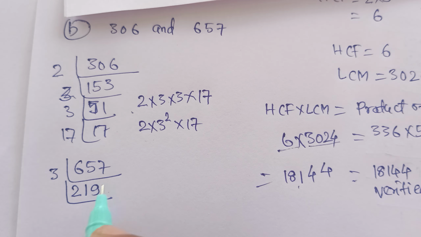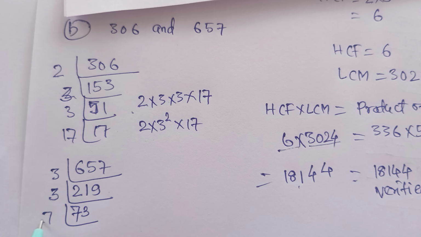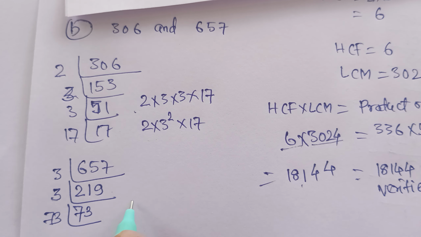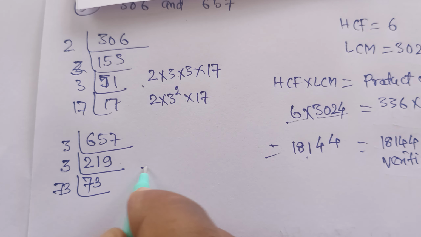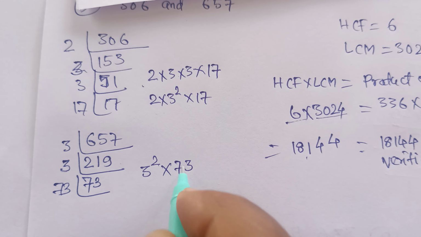Now we have to start with the 17 table. 657, so you start with 3 again. 3 7s are 21, 3 3s are 9. Correct. 73 table, we don't have any 73 table, so 73 directly. So what will you write here? You can write 3 to the power 2 into 73.